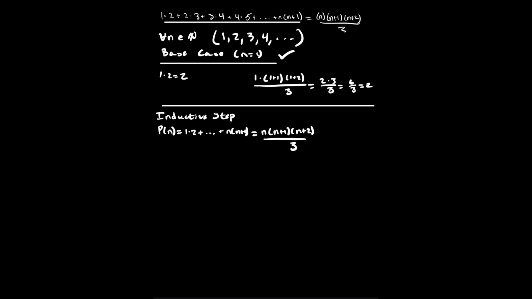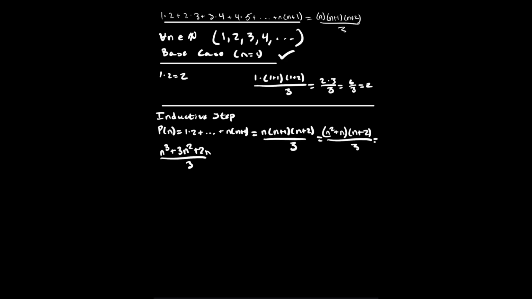And for these ones with a lot of binomials, I actually like to factor them out. So n squared plus n times n plus 2 all over 3. And if we do it again, we get n cubed plus 3n squared plus 2n over 3.